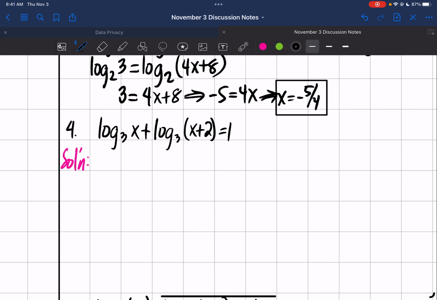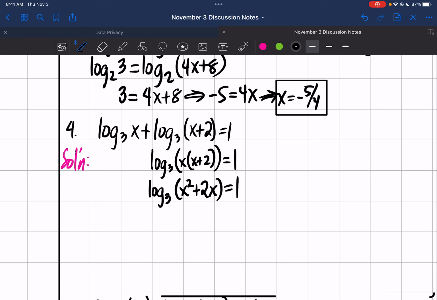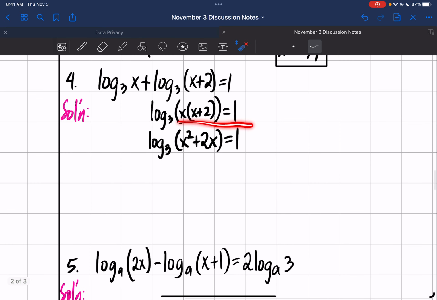So, we have log base 3 of x multiplied by x plus 2 equals 1. So, this is log base 3 of x squared plus 2x equals 1. Now, converting this into exponential form, we have 3 raised to 1 equals x squared plus 2x.